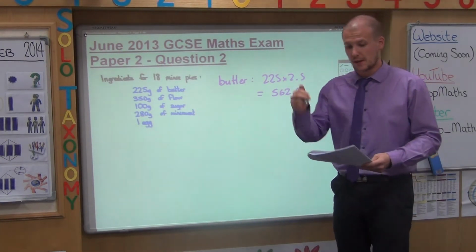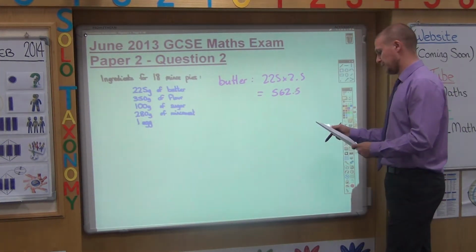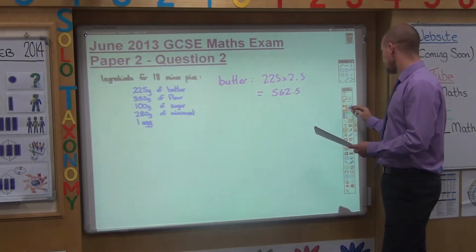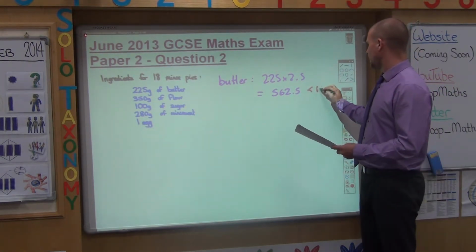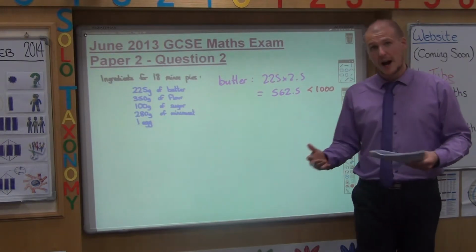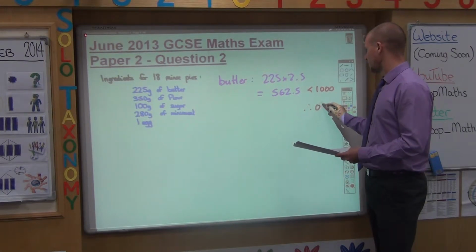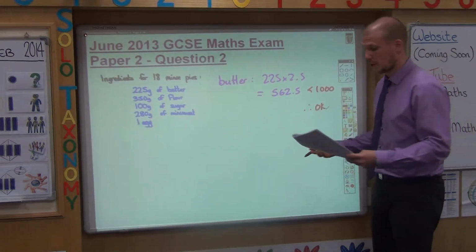You're not going to be able to make those particular mince pies because it's got to be done in the way that the recipe dictates. That is less than the 1 kilogram or the 1,000 grams that you have of butter. So you could put therefore, okay, butter is fine, we've got enough of that.